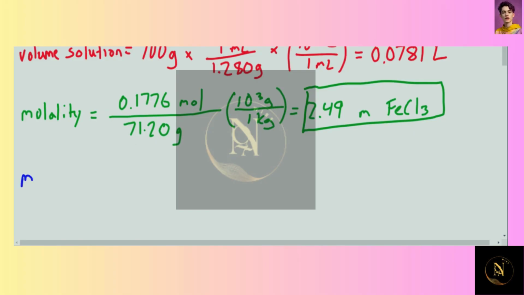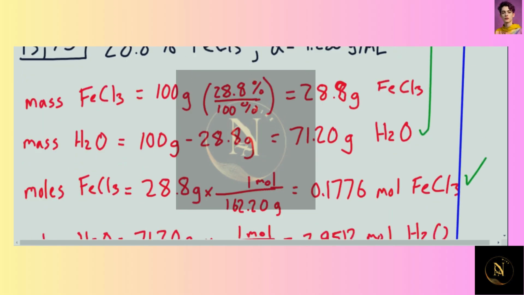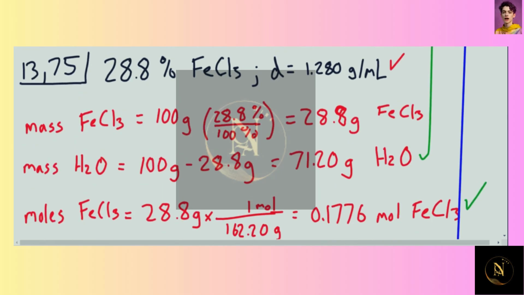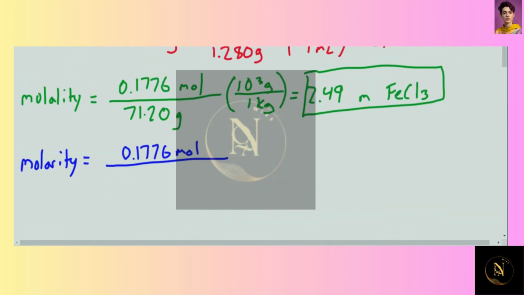For molarity, we have again the same numerator, 0.1776 moles. This time we're going to divide by the volume of the solution, which is 0.0781 liters.